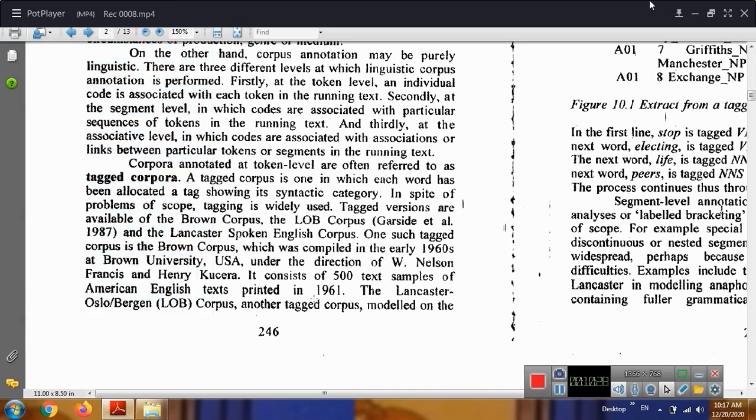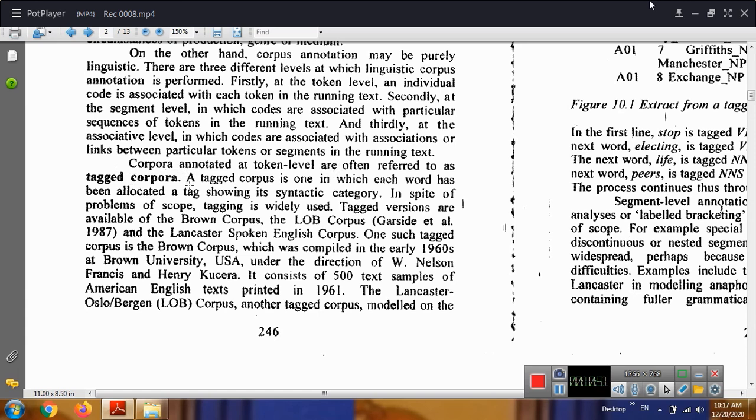Here we can see another term. Corpora annotated just at the token level, at the first level, are often referred to as tagged corpora.